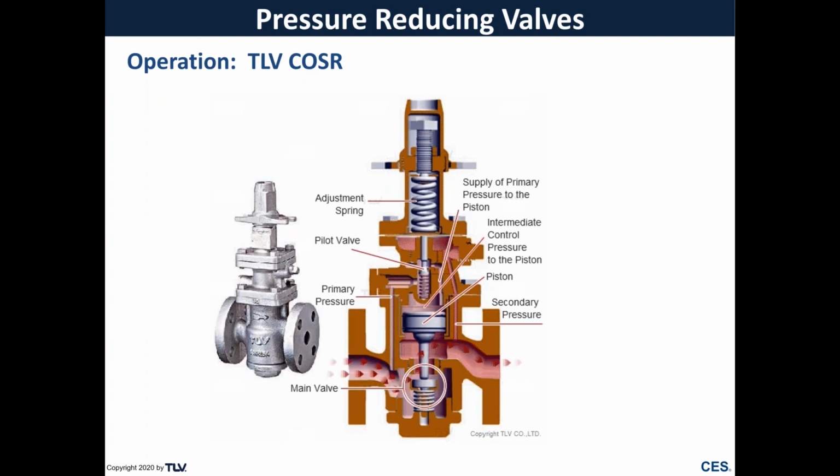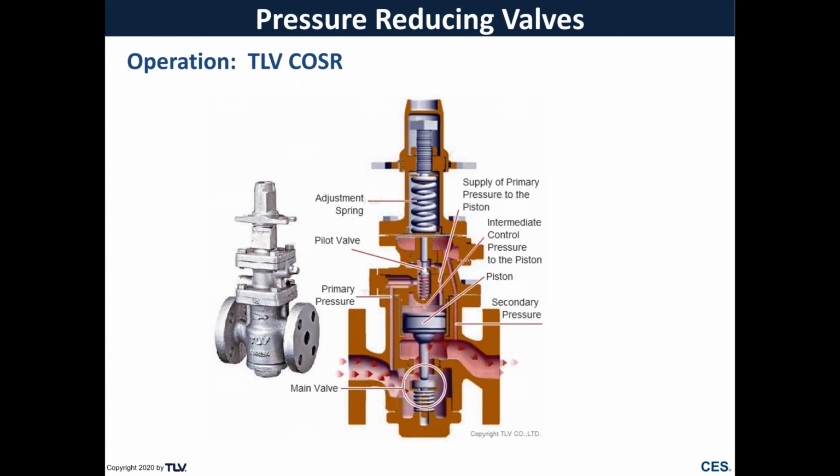This pilot flow pressure then causes a downward force that is amplified by the area of the piston to enable opening of a much larger main valve, which in turn provides the ability for very high flow rates. Because the downward force is amplified through the use of a piston, a small change in the opening on the pilot valve can result in a large change in flow and downstream pressure through the main valve.